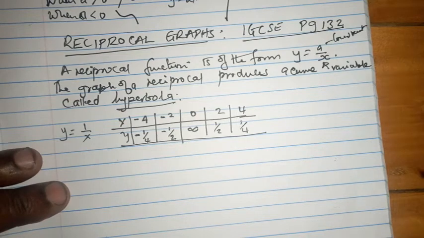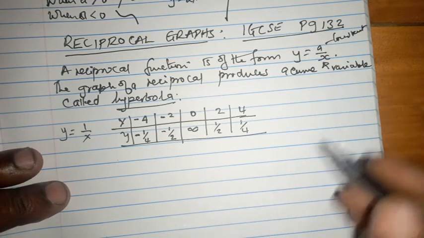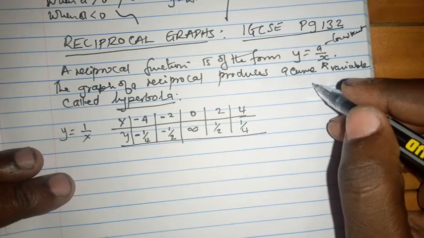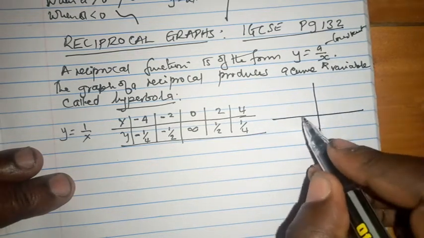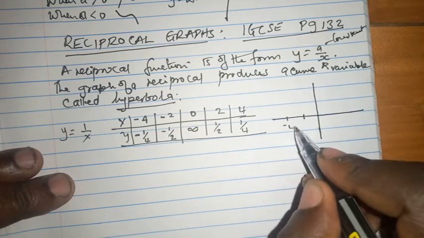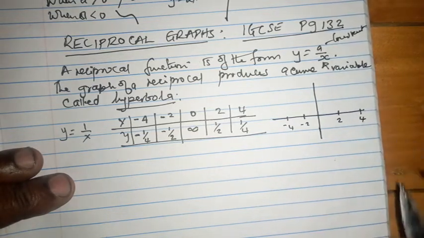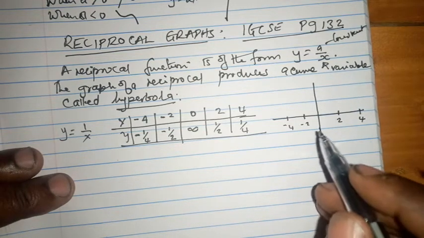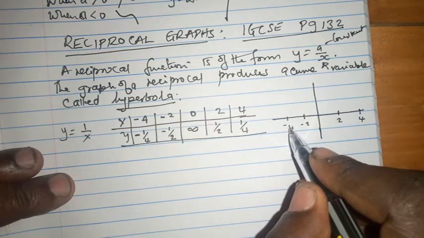So when I'm looking at this particular graph, it's going to have a shape that looks like this: minus 2, minus 4, and then positive 2, positive 4. When x is minus 4, we have minus a quarter.